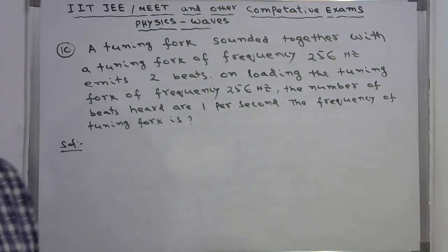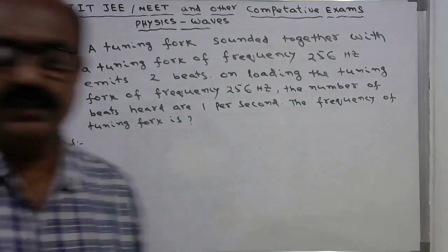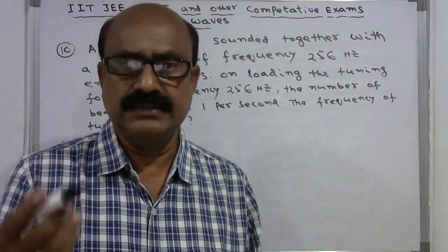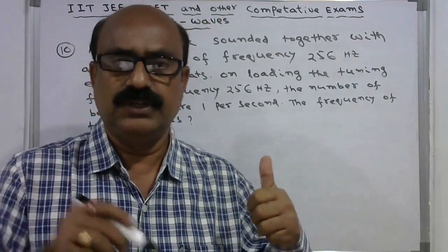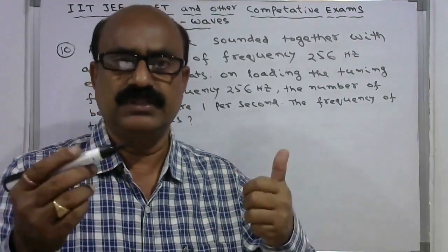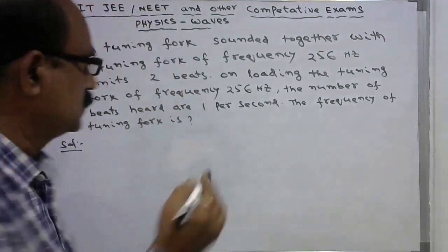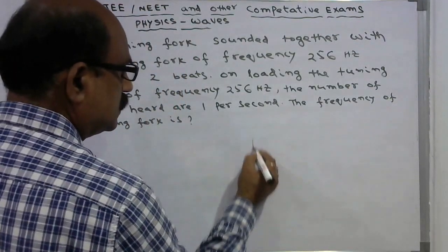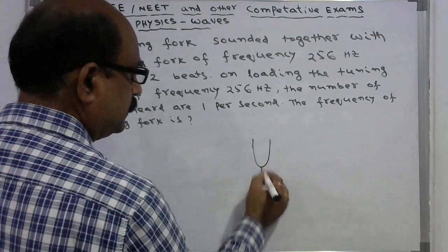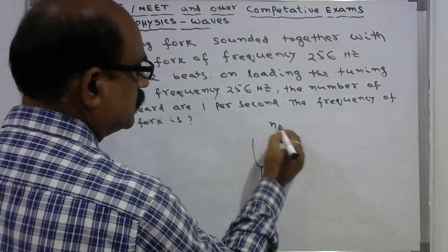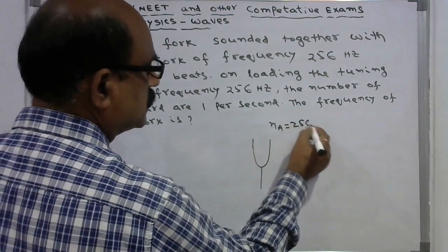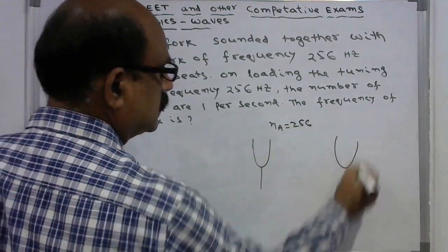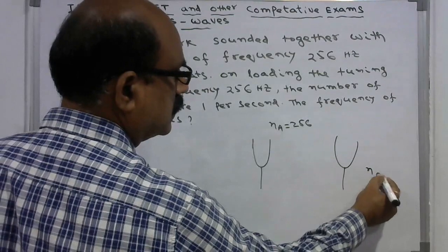In the previous problem, we waxed the unknown frequency tuning fork. But here, we are waxing the known frequency tuning fork. So in this case, this is NA, given as 256, and this is NB, unknown.